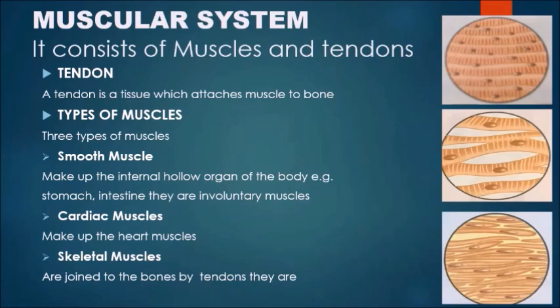They are voluntary muscles. This means that they move when we want them to move. We can control what they do. They help to make movement possible. They work with our bones to give our body strength and stability.